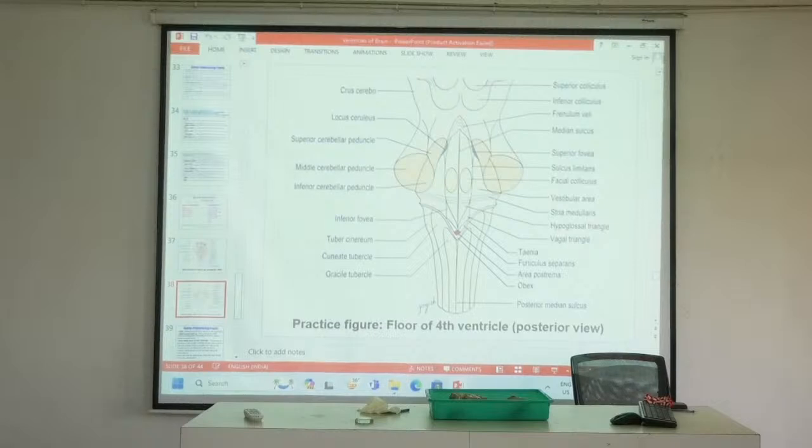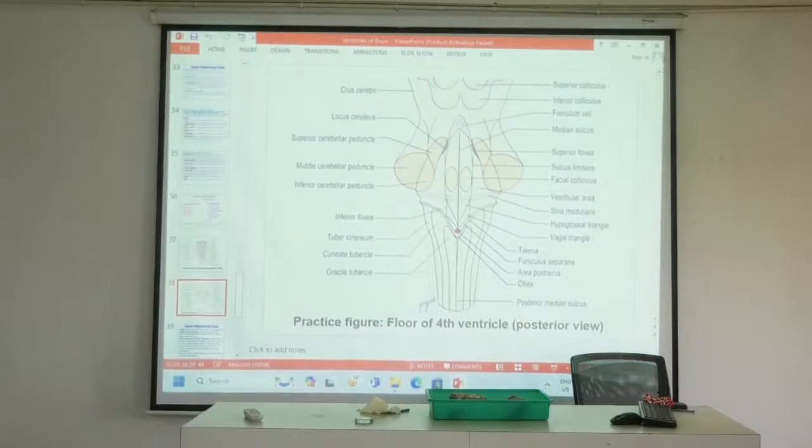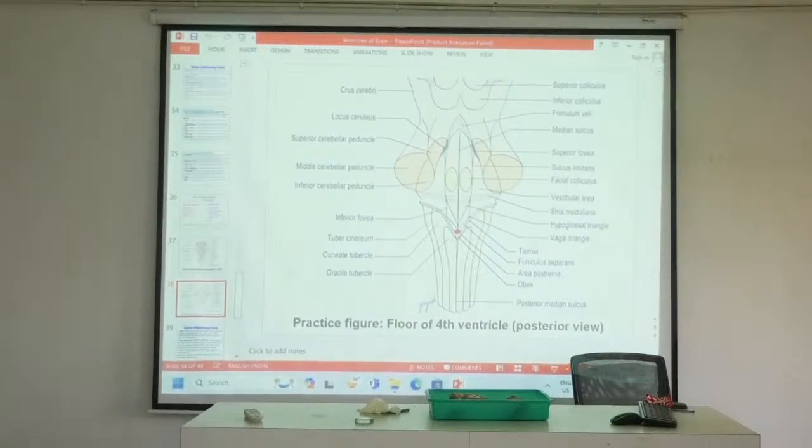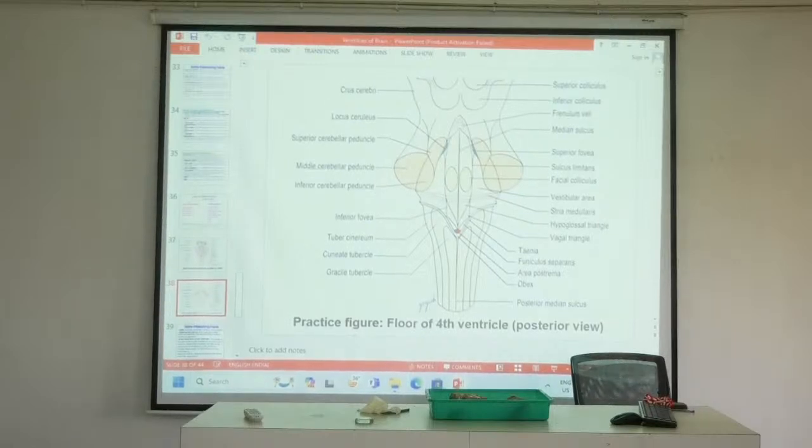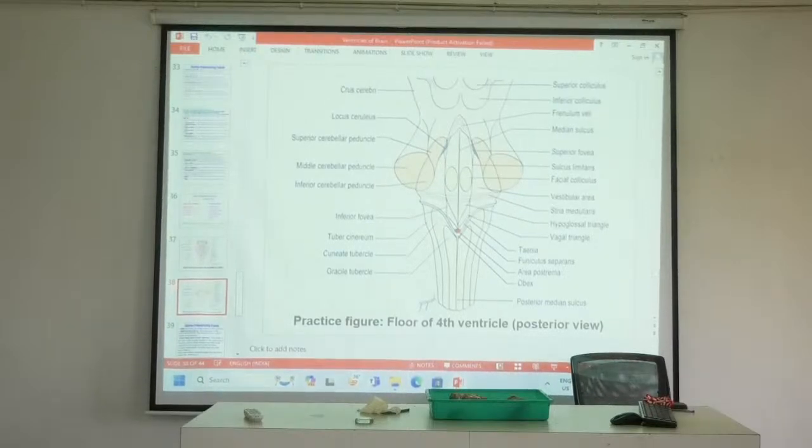Here is the taenia. In this area, here is the area postrema. Here is the obex. Okay, so these are the important ones. And here in the uppermost end, there is the frenulum veli. Okay, and this sulcus limitans is the lateral boundary of the median eminence.